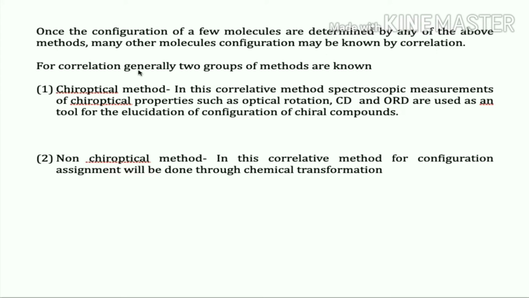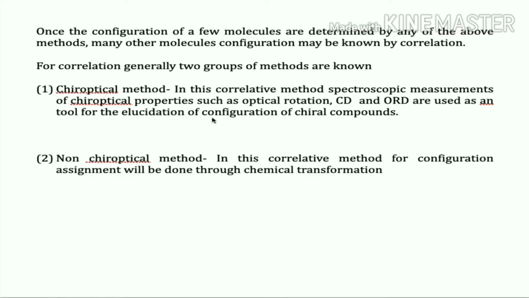For correlation, generally two groups of methods are known: chiroptical methods and non-chiroptical methods. In the chiroptical correlative method, spectroscopic measurements of chiroptical properties such as optical rotation, circular dichroism, or optical rotatory dispersion are used as a tool for elucidation of configuration of a chiral compound.